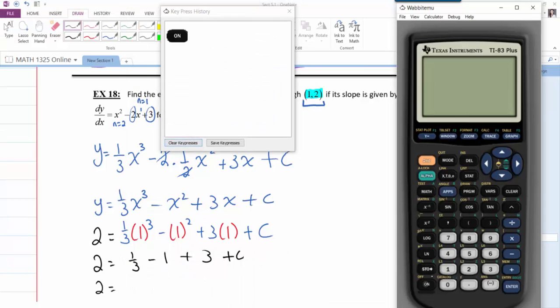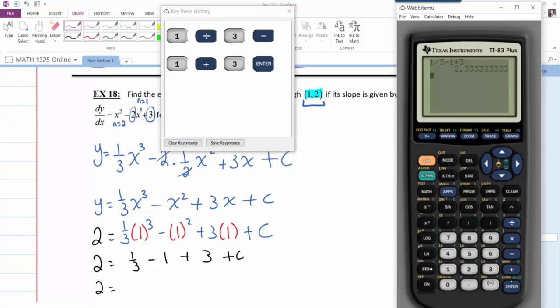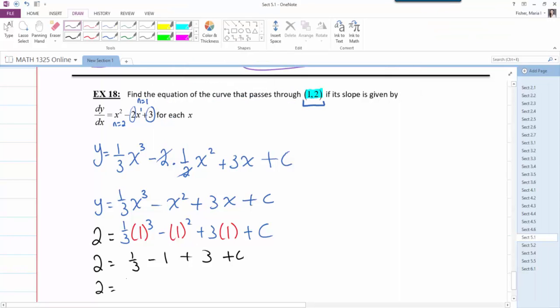So again, it's just going to be 1/3 minus 1 plus 3, and we end up with 2 1/3, which if we make that into a fraction is 7/3. So we end up with 2 is equal to 7/3 plus C.